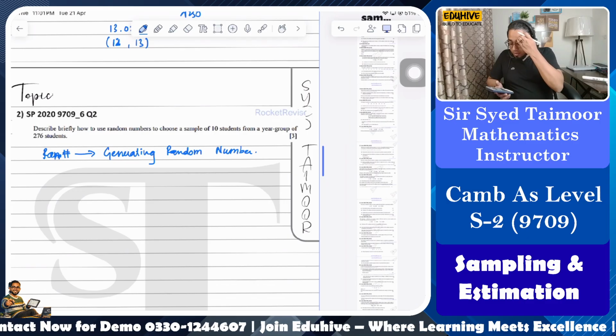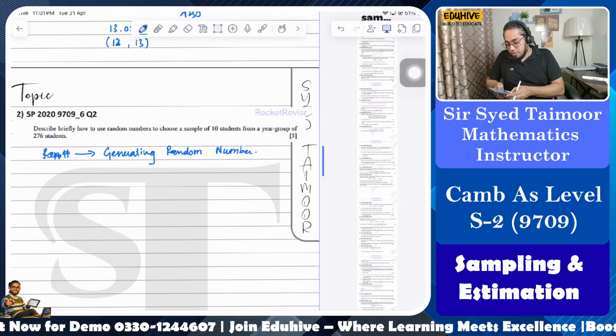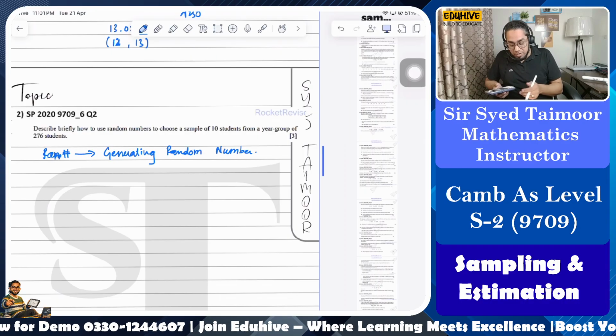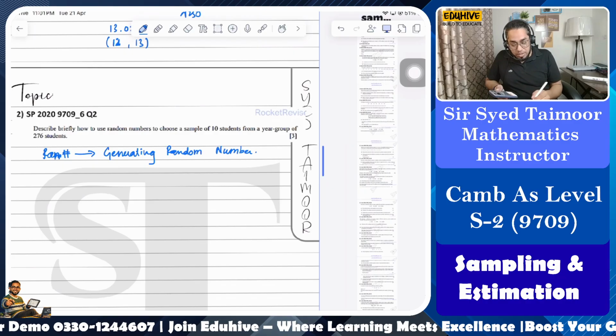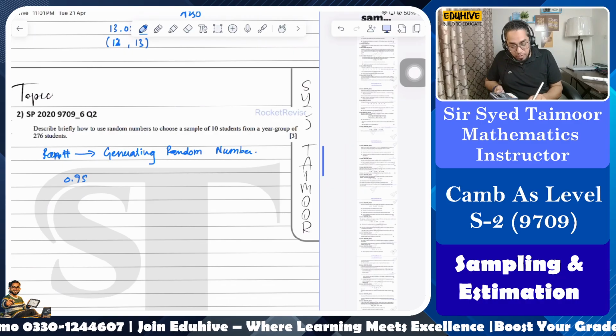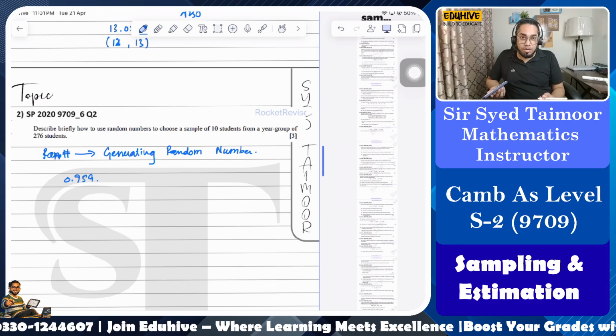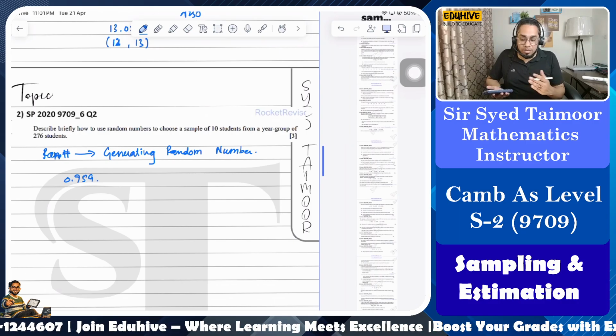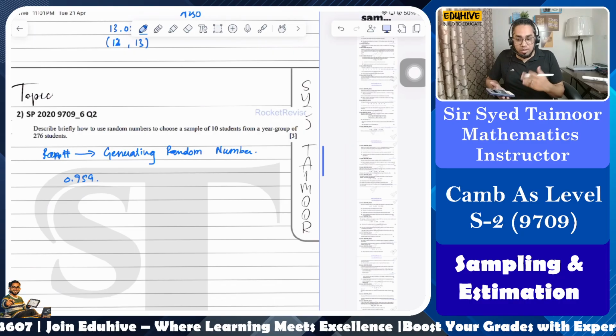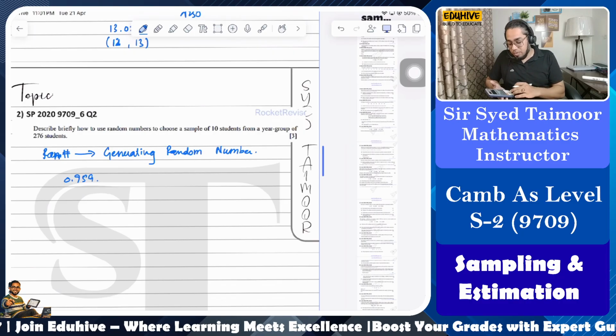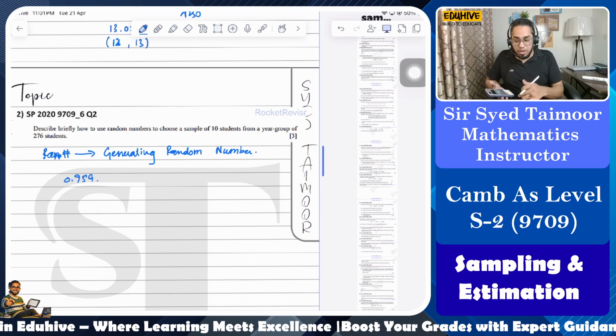Generating random numbers. When I put that value, our random number will be definitely, you can say, 0.959. So it will be a decimal with 3 digits. If you are going to find those numbers, you can generate the numbers and pick them out.